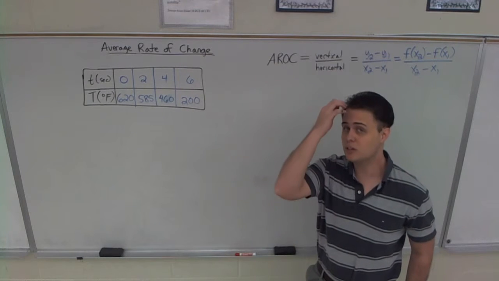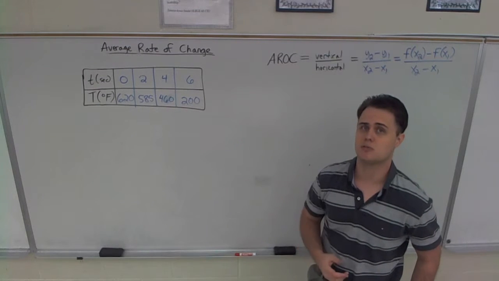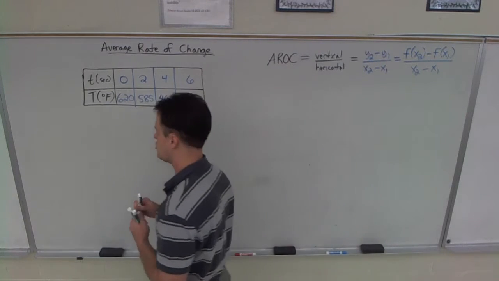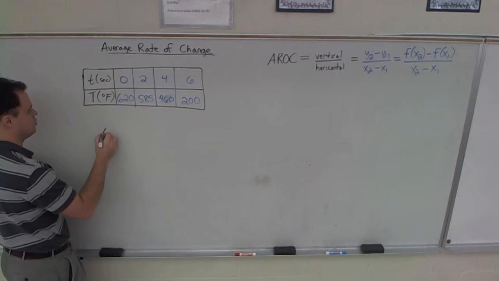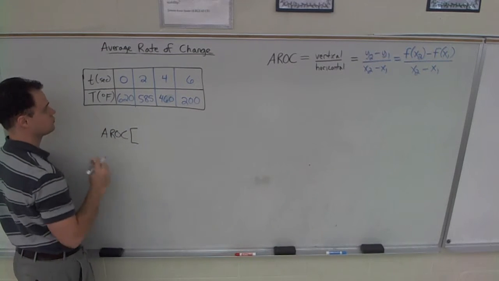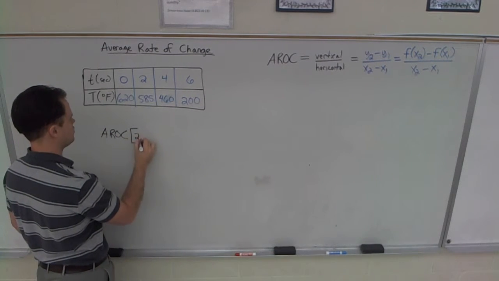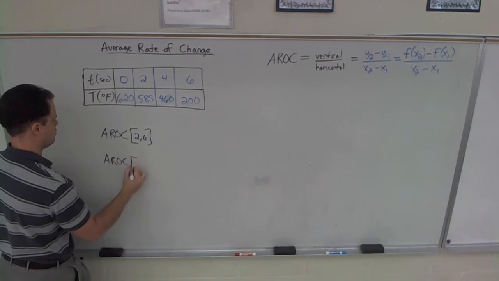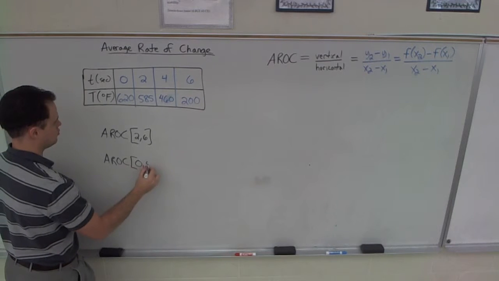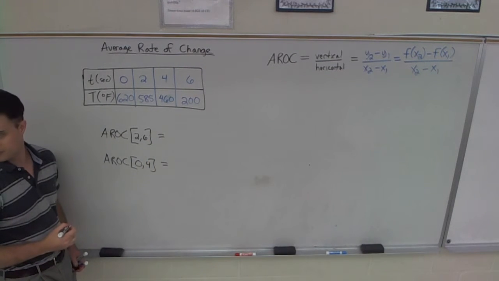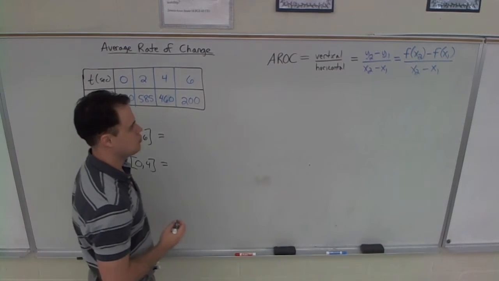But even though it's not linear, we can still apply this concept of average slope or average rate of change. So my question is, first let's do some average rate of changes. What's the average rate of change between, let's say 2 and 6, and then what's the average rate of change between 0 and 4. I just picked random intervals just so we can get the hang of it. And then I want to ask a more detailed question.